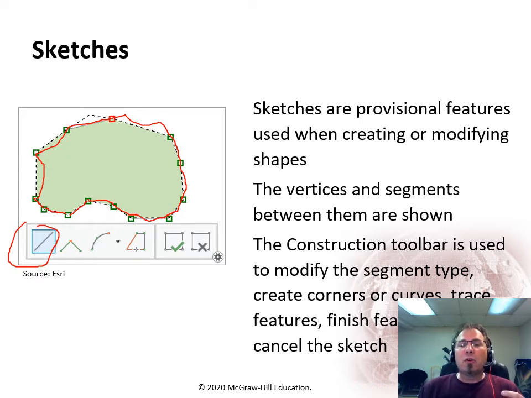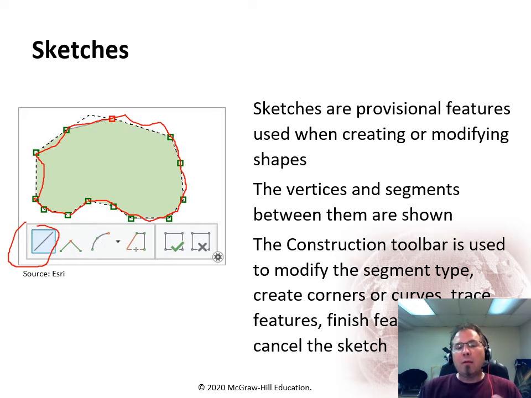You can modify those. You can delete nodes, and if you screw something up, you can add nodes in. That's how all of this is done. The workflow just takes a little bit of practice because you're never going to get it right the first time. You can trace things, you can create corners or curves, and trace features, which is nice. When you're all done, you either finish or cancel your sketch, so to speak.